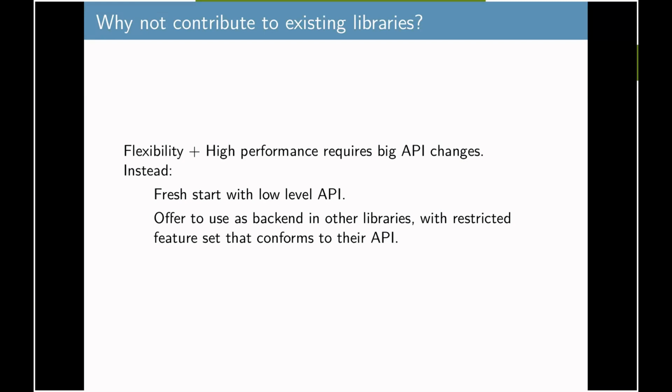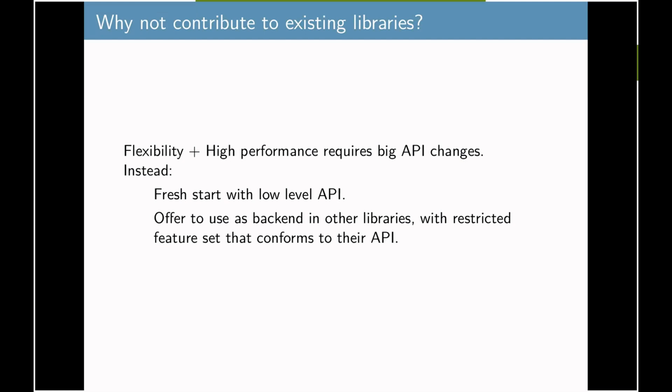And it also doesn't offer multi-threading support. So the code is entirely single-threaded at the moment. And this means that we can't use the full potential of the CPU on modern computers. So instead, I ended up starting with a very low level API.